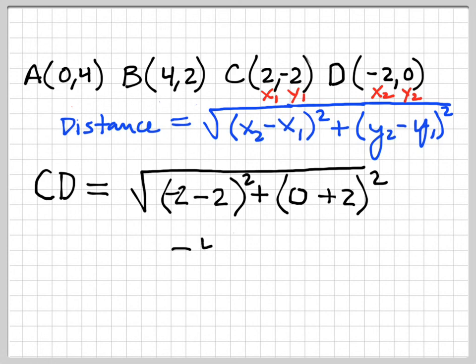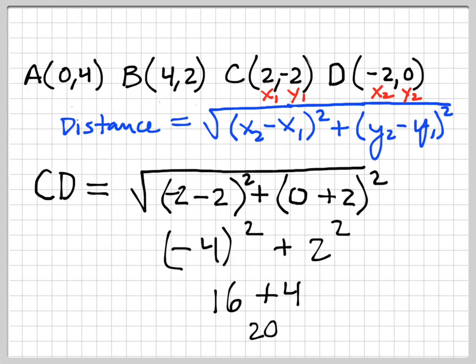This gives me negative 4 squared plus 2 squared, which is 16 plus 4. Which we know is the square root of 20, which is equivalent to 4.5. Okay, last screen.